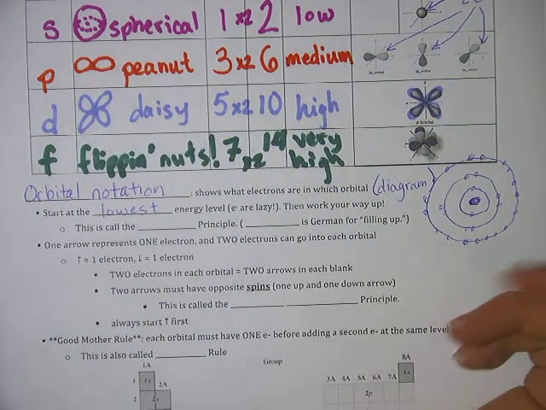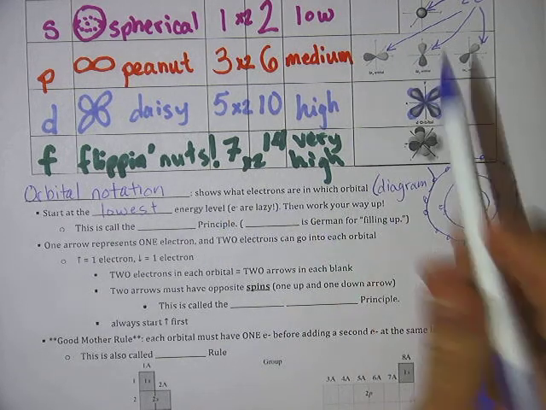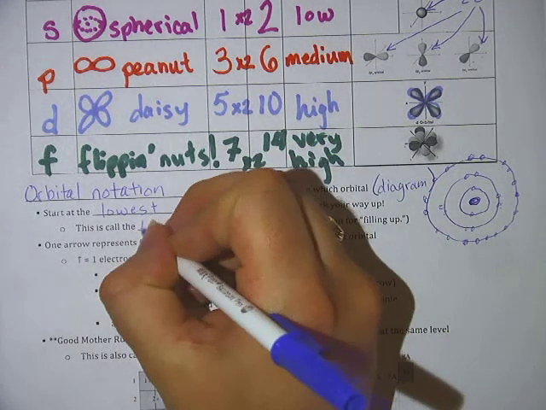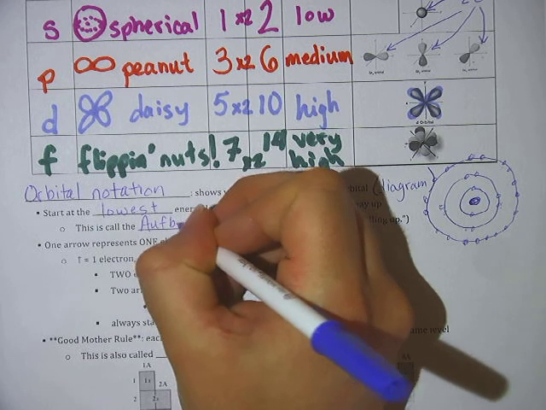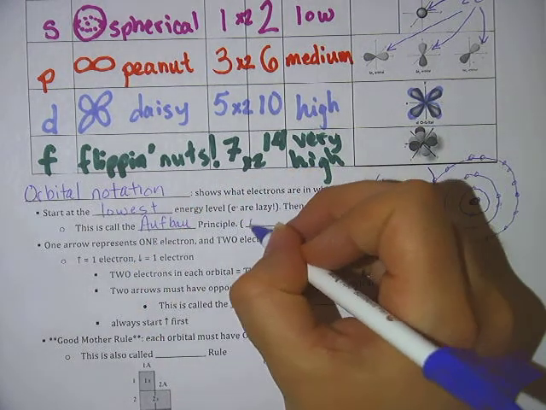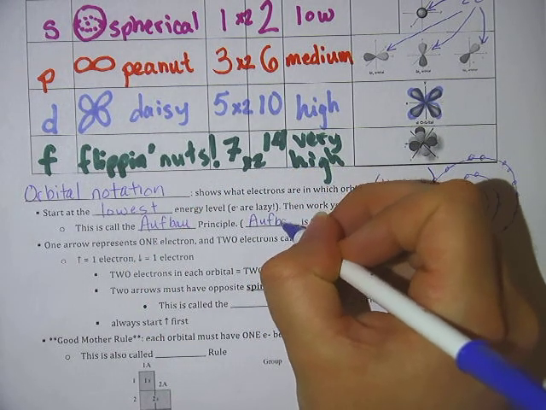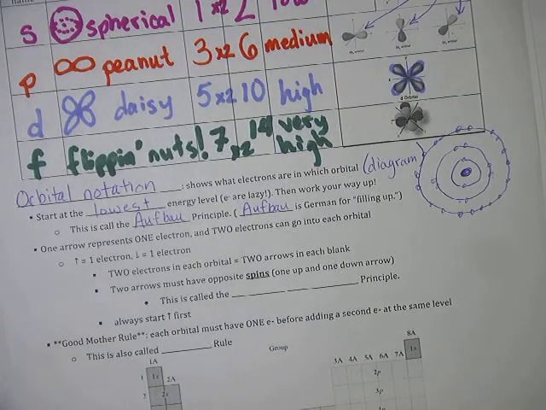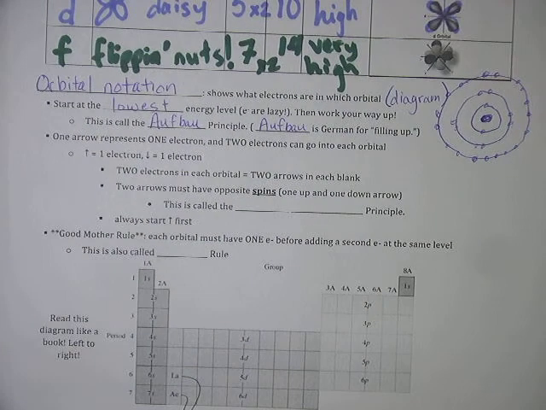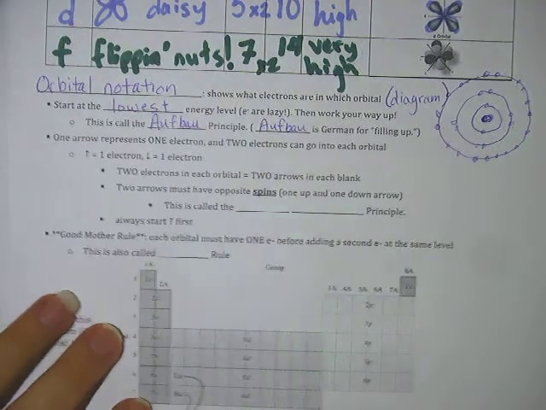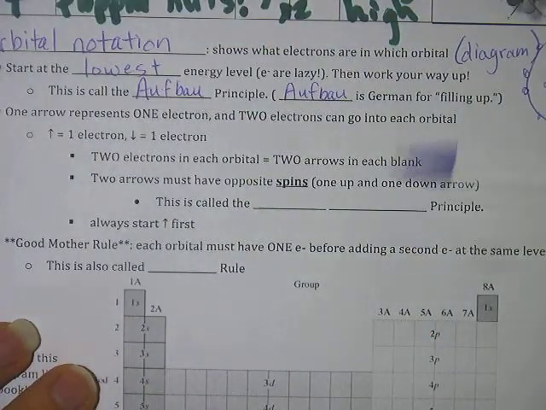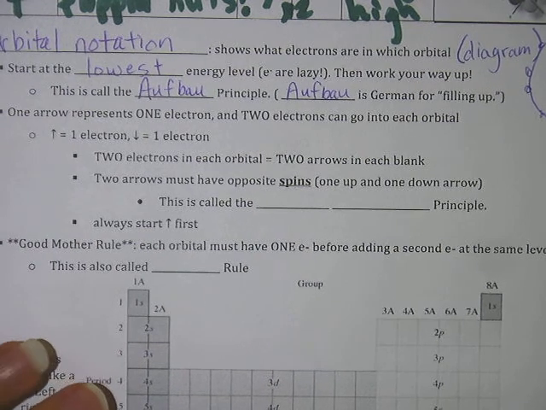Think about it as electrons being lazy. They start at the bottom and then work their way up if they have to. This is called the Aufbau principle because the word Aufbau is a German word, because it was some German guys who decided how to make these diagrams work. The word Aufbau means filling up. So you start at the bottom and you fill your way up the diagram.